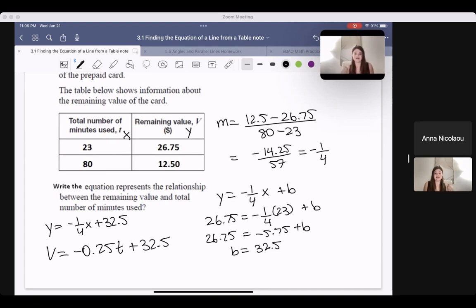It's still good because even though it doesn't look like y equals mx plus b, well, if y is v and x is t, then yes, it does, right? It's still that same structure. There's not any square roots or squares or anything like that, or fractions with our variables, that sort of thing. That's not really what's there, right?